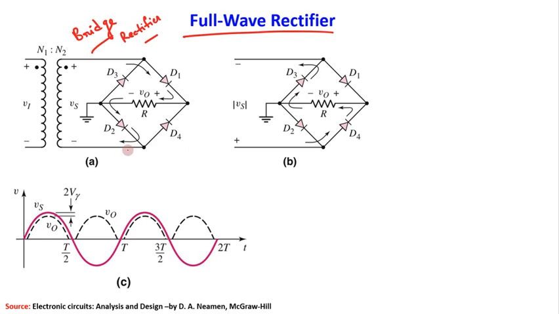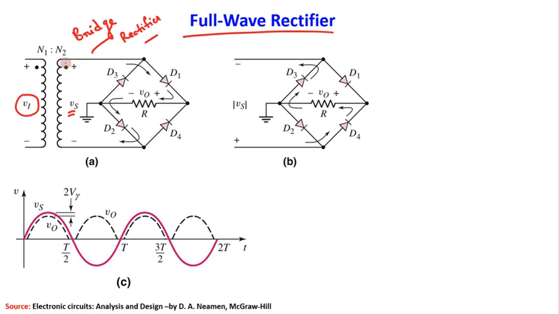So just look into the circuit. This is the input, AC mains, and this is a transformer, primary winding, this is a secondary winding, and the turns ratio is N1 by N2 to get the required value of Vs here. So unlike the previous full wave rectifier, we are not using the center tap transformer here.